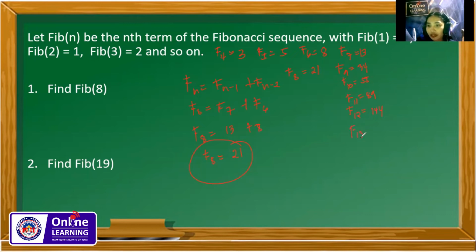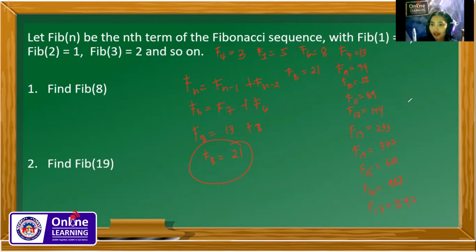Then Fibonacci 13 natin is equal to 233. Then Fibonacci 14 natin is equal to 377. Then Fibonacci 15 natin is equal to 610. Then Fibonacci 16 natin is equal to 987. Then Fibonacci 17 natin is equal to 610 plus 987 is equal to 1597.